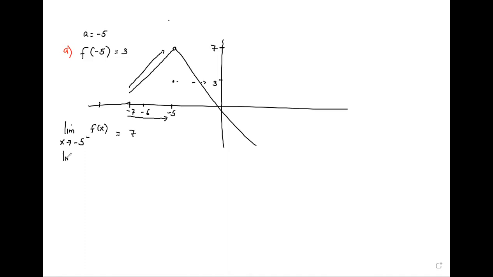Again, you check the limit as x goes to -5 from right, meaning this time around, as you go to -5 from this direction, if I have -1, -2, -3, -4, what is happening as the numbers are getting closer to -5? Well, the function is going up to +7.